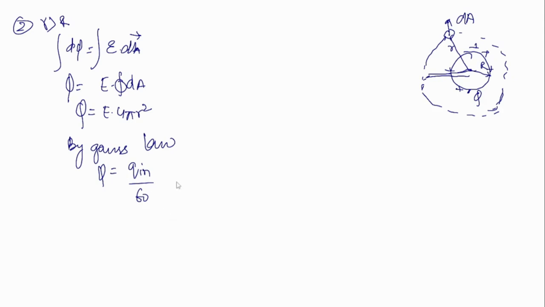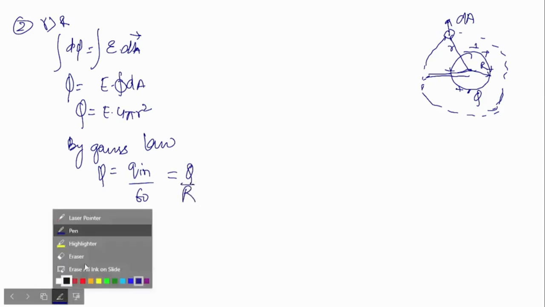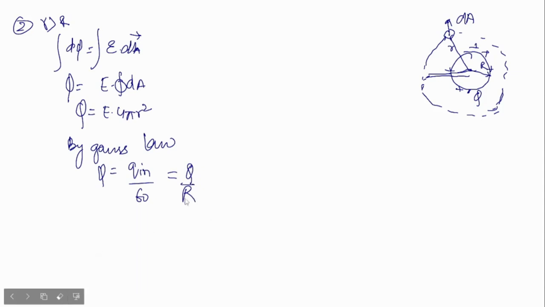So Q enclosed is Q, and we get E into 4 pi r square is equal to Q upon epsilon naught.